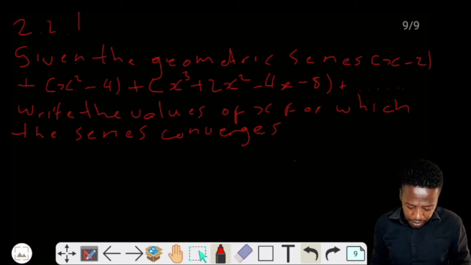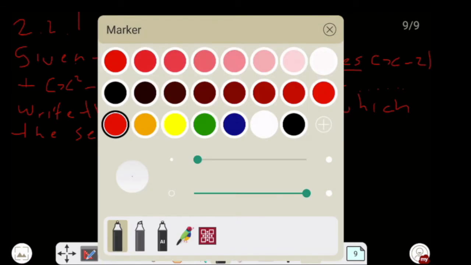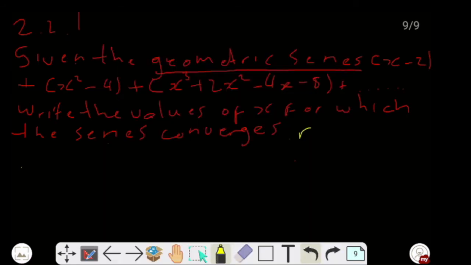Before you start there, they say to you it is a geometric series, meaning what you need to find there is your constant ratio. You need to find your r, which is your constant ratio, right?